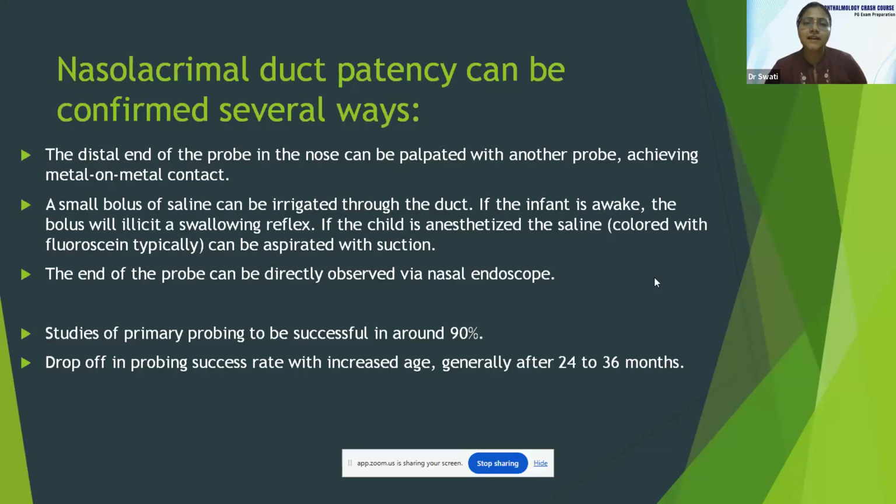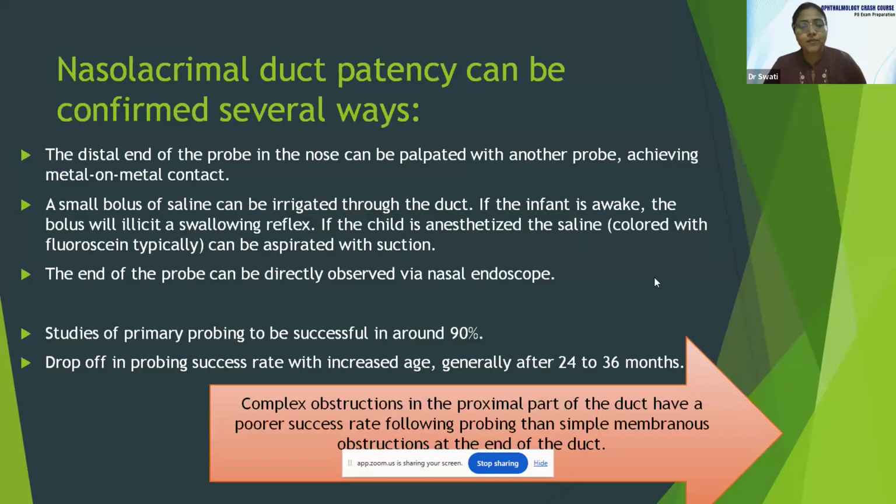If the child is anesthetized, you can do suction of the saline. The end of the probe can be directly visualized via the nasal endoscope. Studies of primary probing have found it to be successful in around 90%, but this success decreases with increase of age.